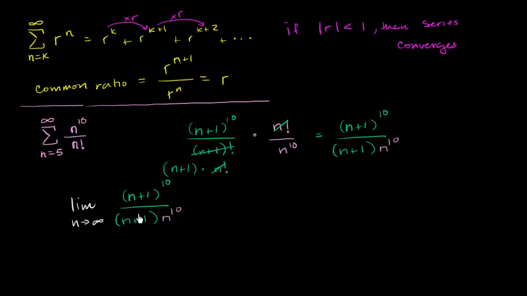And what we see here is we have this up here. We don't have to multiply it out. This is going to be n to the 10th plus a bunch of other stuff. It's going to be a 10th degree polynomial. And this down here, this one we can figure out. This is going to be n to the 11th plus n to the 10th power. So the limit as n approaches infinity, well, this denominator is going to grow faster than that.